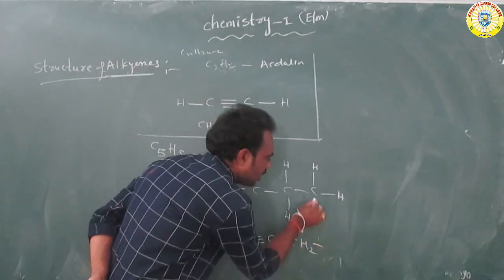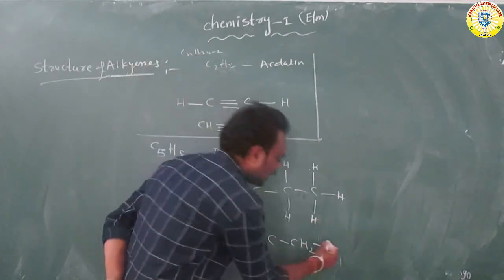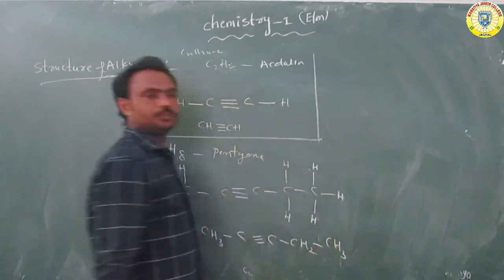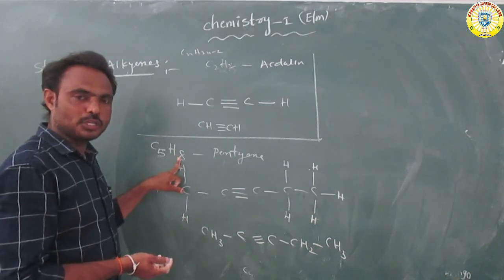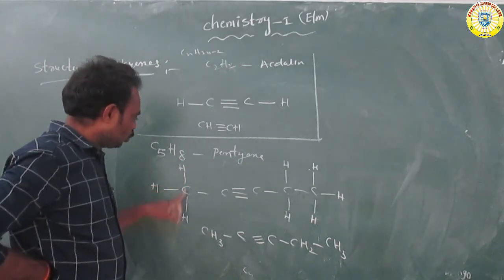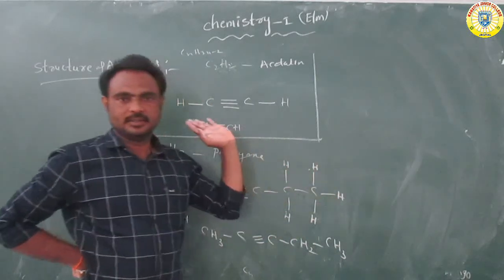Next further, carbon attached with 3 hydrogens, we write CH3. So total, how many hydrogens? 1, 2, 3, 4, 5, 6, 7, 8. 8 hydrogens.